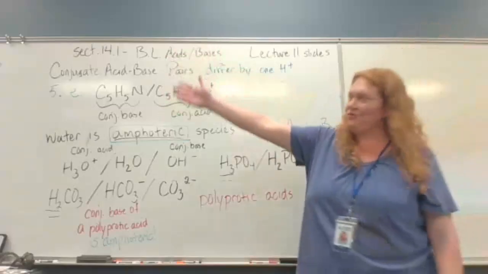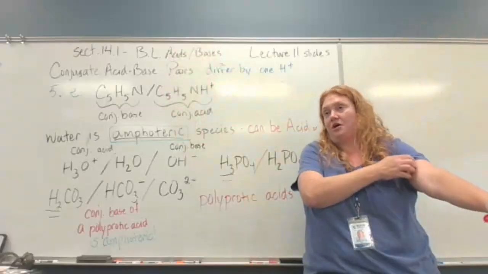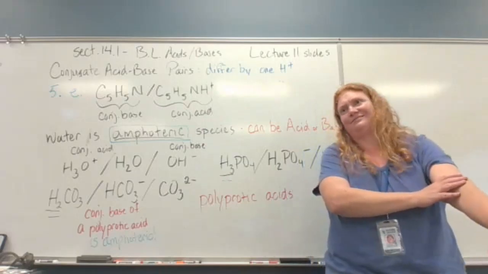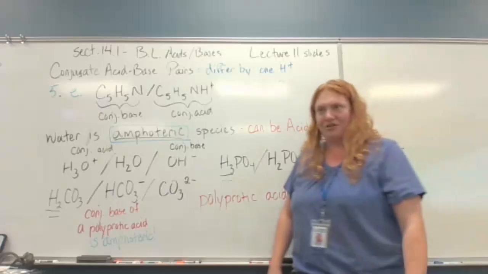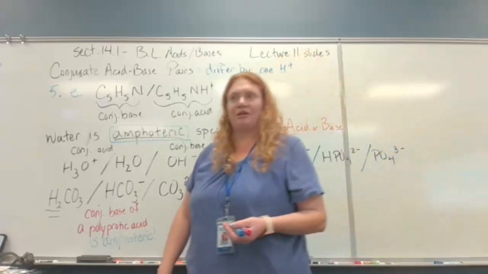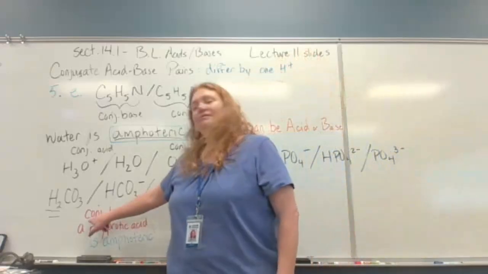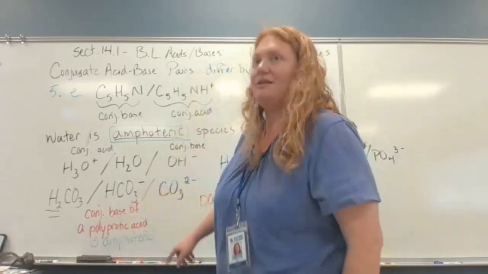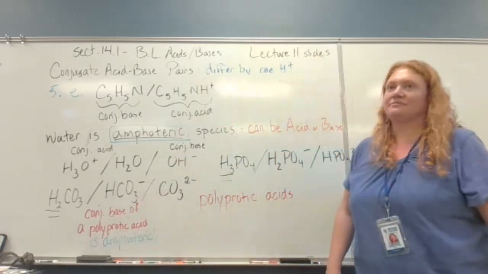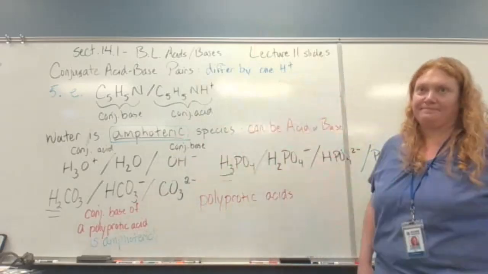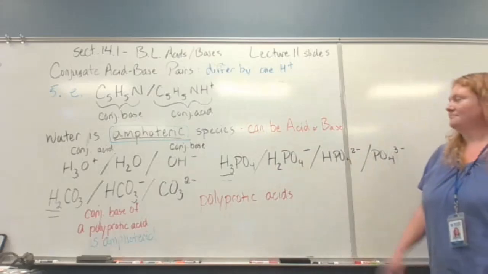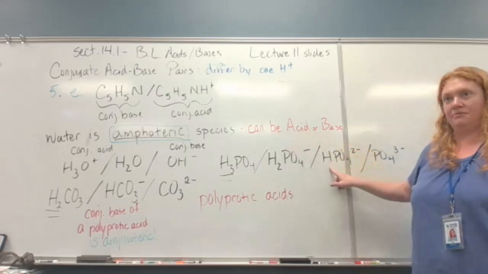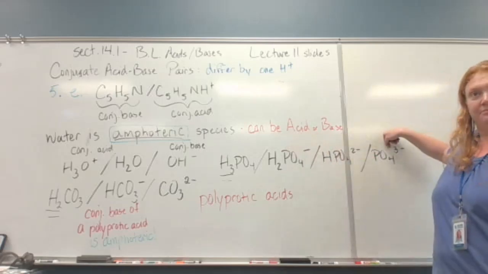So while I give you those four that you can know, are those the only four besides water? Absolutely not. What's the better thing to remember if you're really trying to remember something? The conjugate base of a polyprotic acid is amphoteric because it can accept and give away. What about that? Can this accept and turn this way? Can this donate and turn this way?